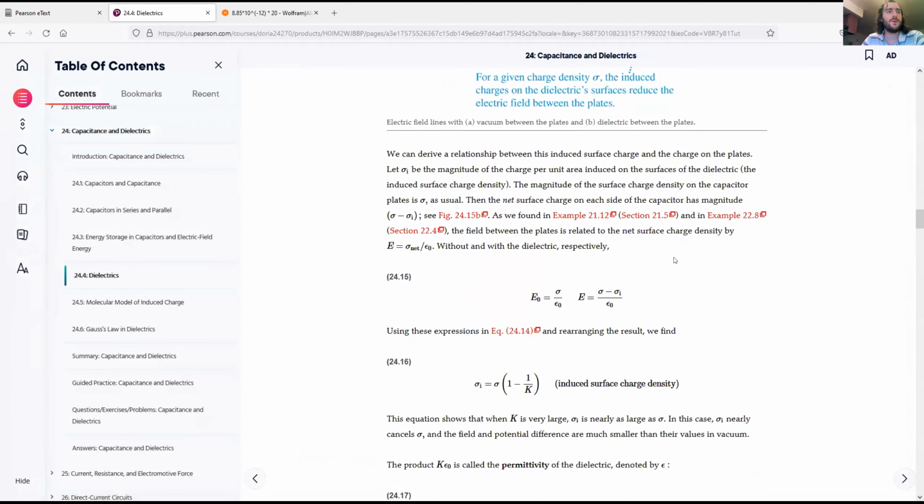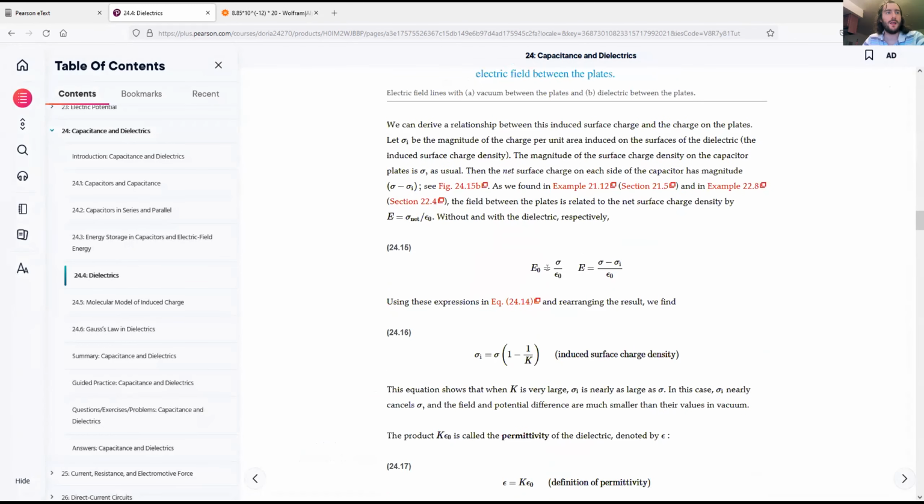And so what we do is we apply Gauss's law. I'll skip the details here, but basically we find that the electric field, when we have the dielectric material in place, is given by the surface charge density on the plates minus the surface charge density at the surface of the dielectric, right?